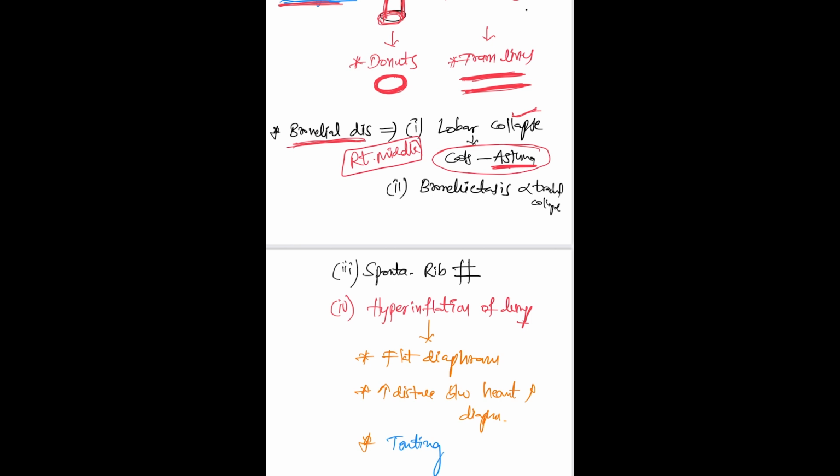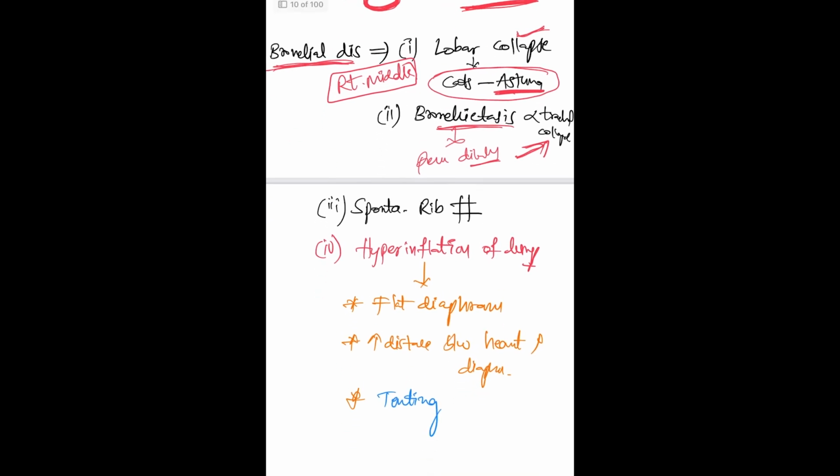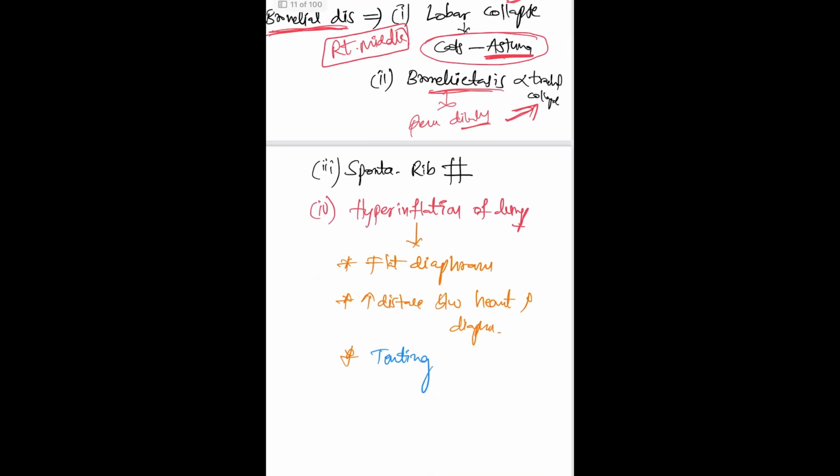One more consequence of bronchial disease is bronchiectasis. This is permanent dilatation of the bronchi, and most of the time it is related to tracheal collapse. This can be because of a correlation with cartilaginous malformation in the body.